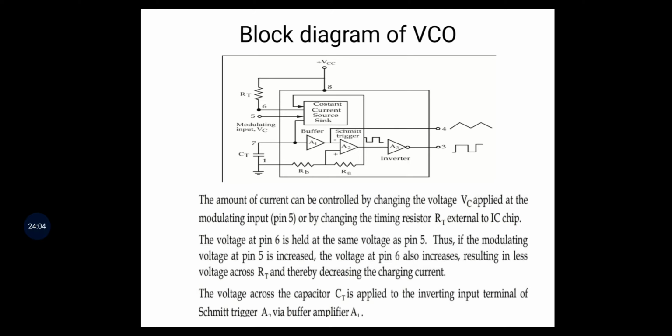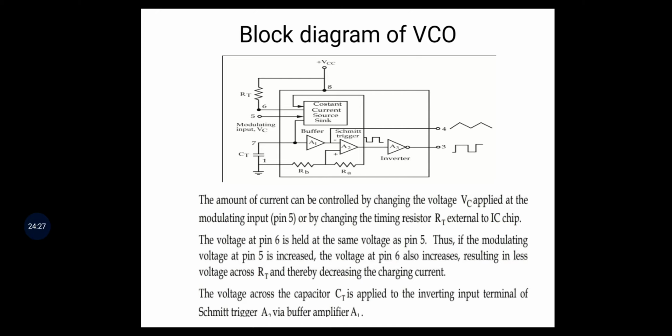The amount of current can be controlled by changing the voltage VC applied at the modulating input, that means pin 5. At pin 5 we change the modulating input VC, then the current is controlled.